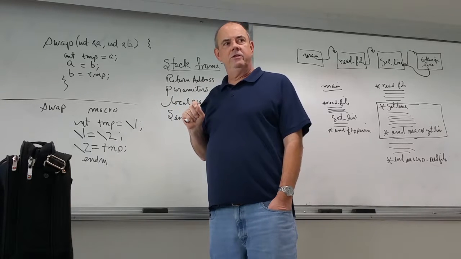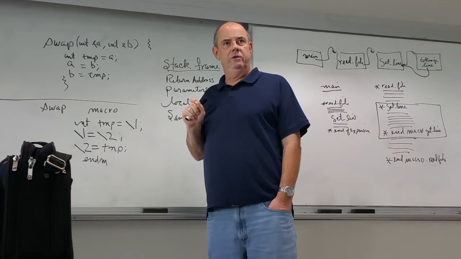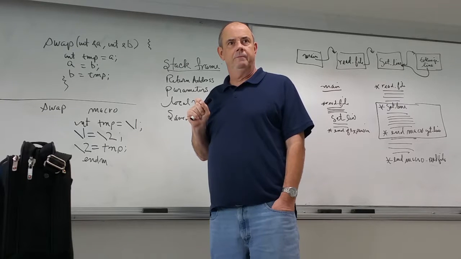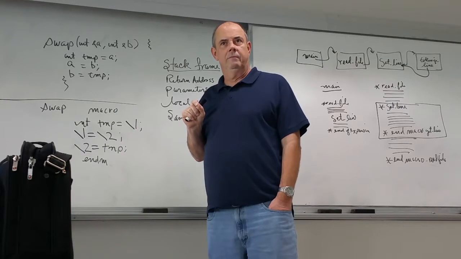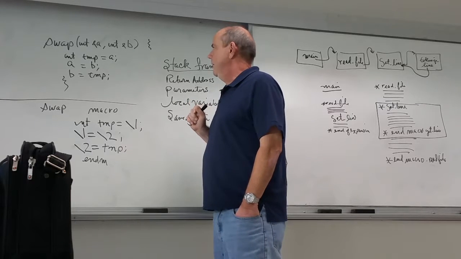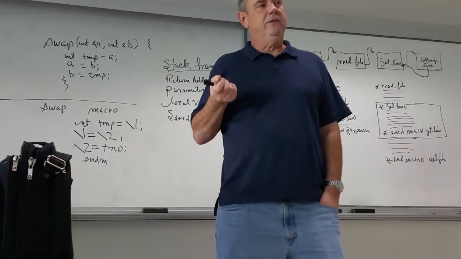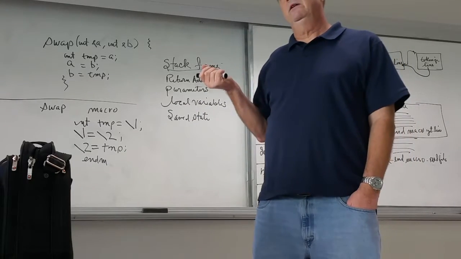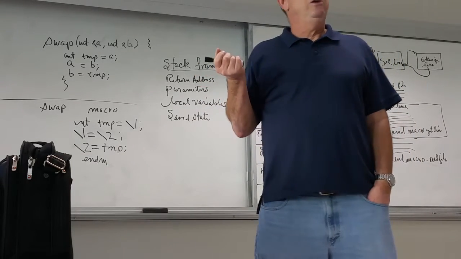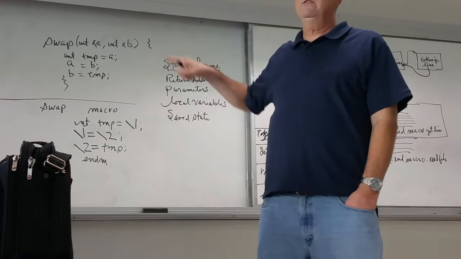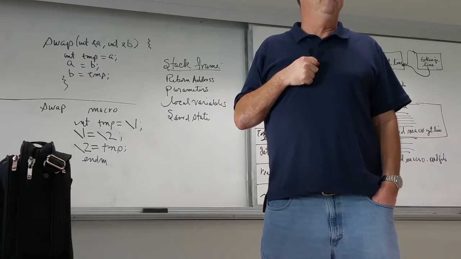But how many instructions might this execute to do the swap? I mean, what's the overhead associated? What would it cost? So to manage the stack, to do the jump, to restore the state, you may easily do 1,000 things to do that swap call.